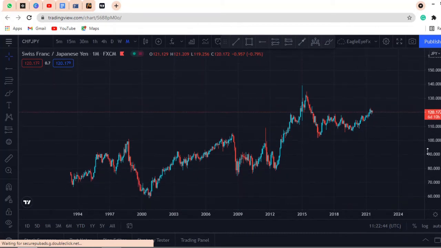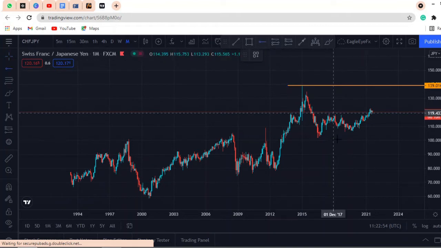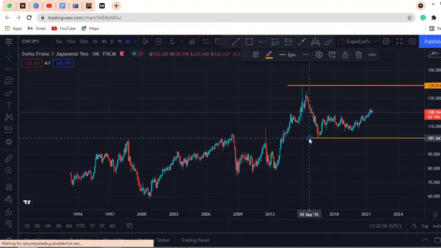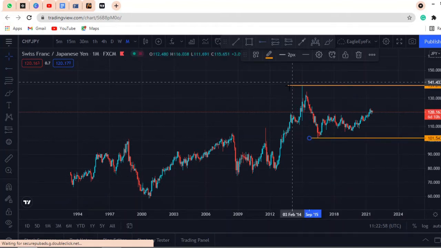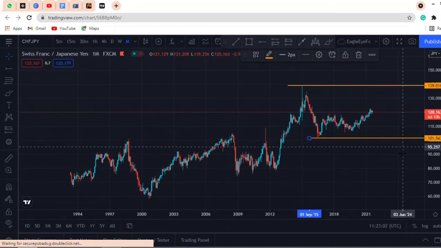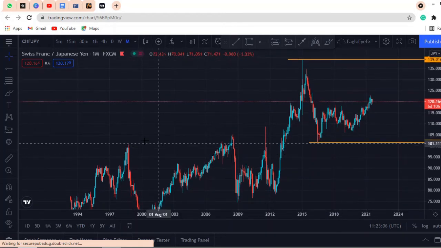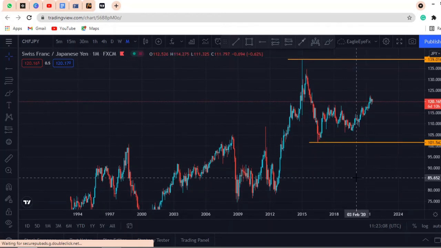So let's mark this as the highest so far we've seen on CHFJPY, and currently this has been the lowest level. The market came up to here, came back here, and then see that now it's trying to go up that way.